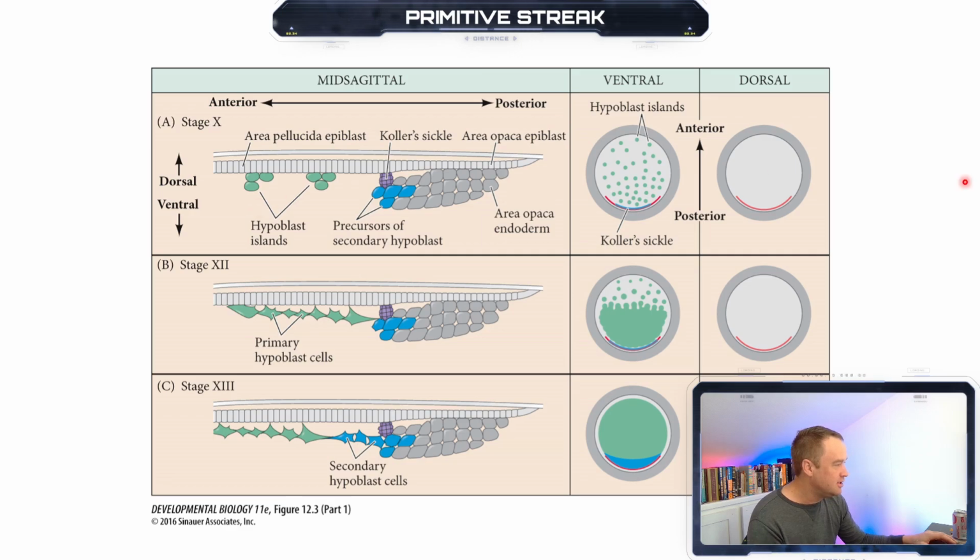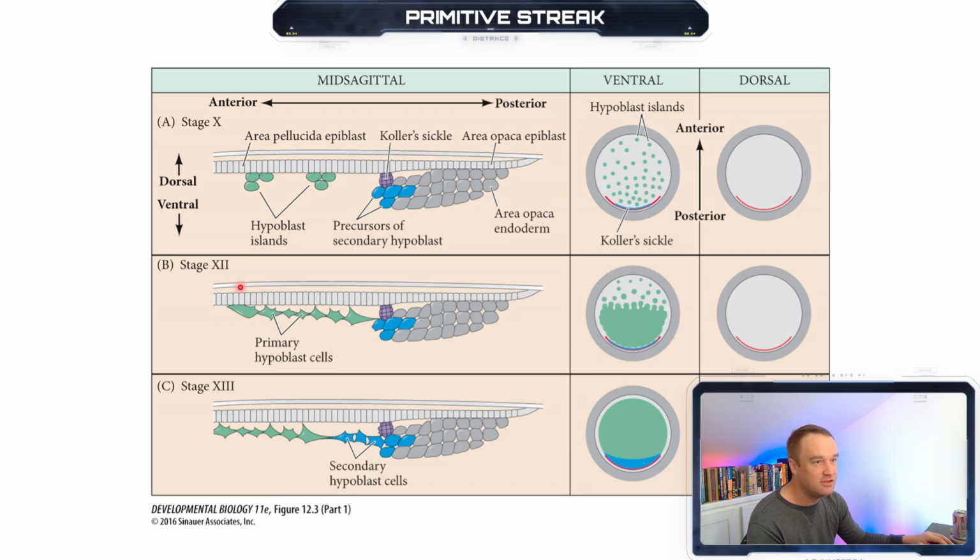At stage X here, we have these little hypoblast islands, and they also have precursor cells around Koller's sickle here.